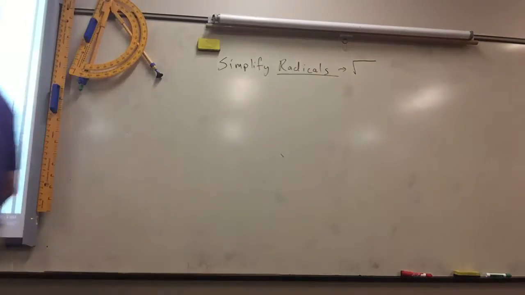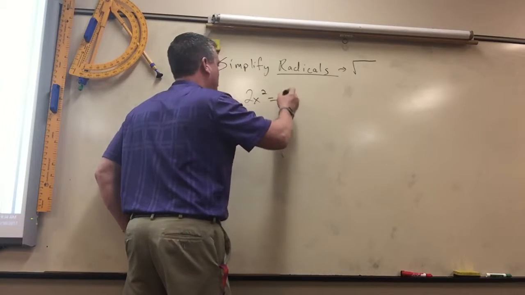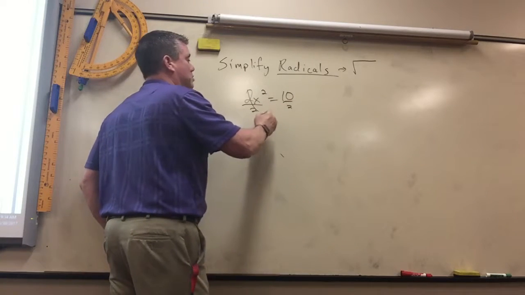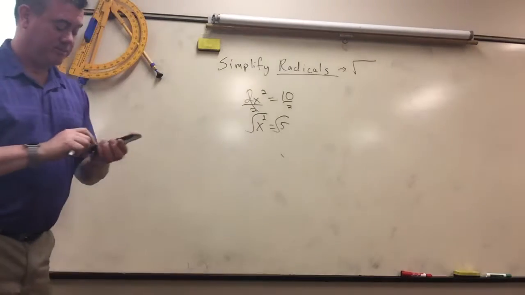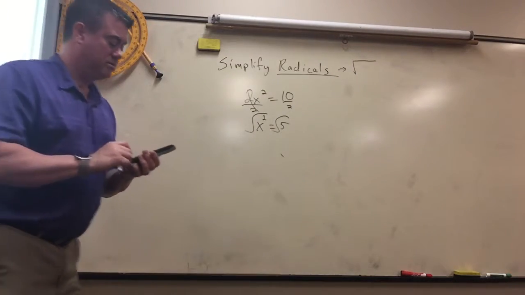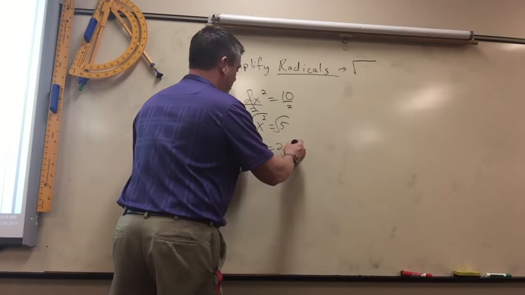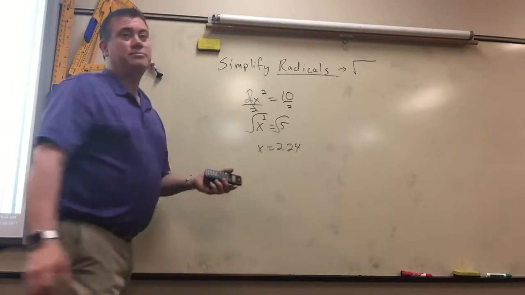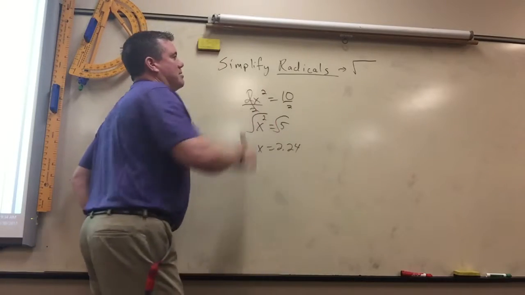So what we've been doing so far is when we solve like 2x squared equals 10, you'd have to divide by 2, x squared equals 5, square root, and then we rounded it to the nearest tenth, 2.24, which is 2.236. Okay?